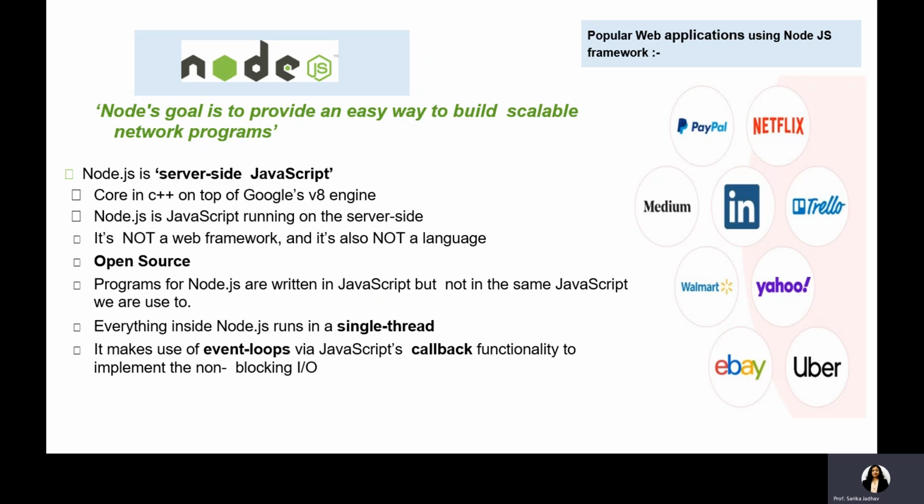Node.js has the ability to run multiple processes concurrently on a single thread. It doesn't support multi-threading. It uses a single thread to execute multiple processes concurrently. It uses event loops.